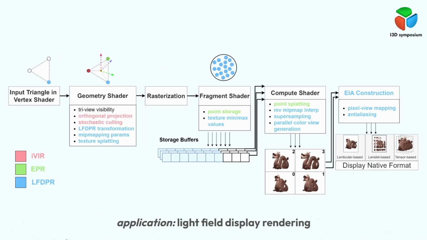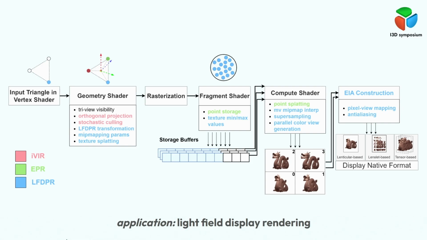So all of this gets combined. I won't walk through all the gory details here, but all of this stuff gets combined across a version of the same pipeline I showed you in the related work. The two earlier techniques are in red and green, and then the stuff I was talking about is in blue. Most of the sampling efficiencies are happening in setup during the geometry shader, and then the mapping method that I was talking about is spread across the geometry shader, fragment shader, and compute shader.